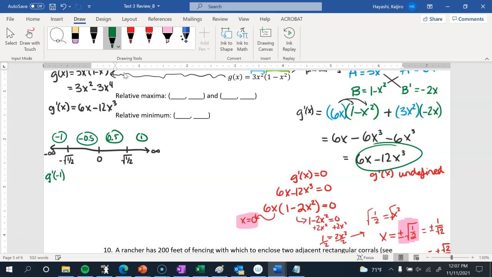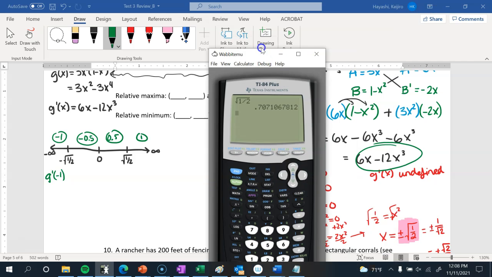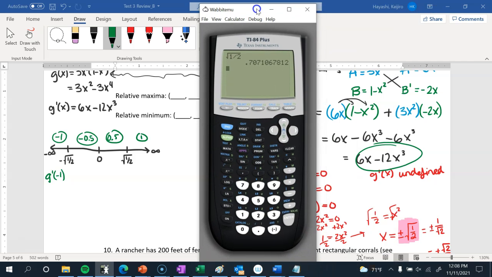So rather than spending time evaluating these by hand, if you're confident in your ability to input things correctly, the way that you mean them on a calculator, you could just evaluate 6x minus 12x cubed for a particular value of x on the calculator.